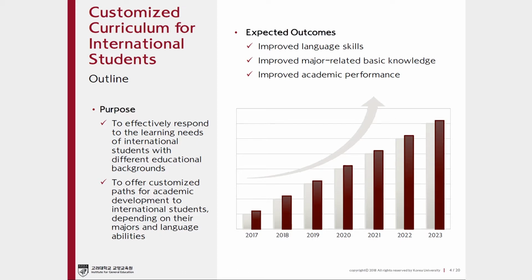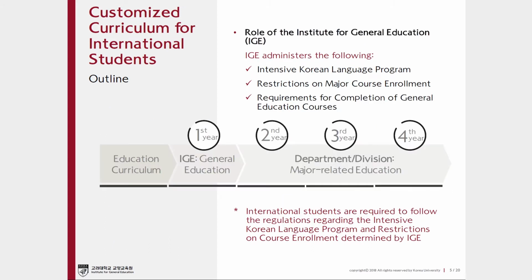The ultimate goal for customized curriculum for international students is to improve language skills, major-related basic knowledge, and academic performance of international students. With this aim, we administer general education curriculum on the whole, an intensive Korean language program, restrictions on major course enrollments, and requirements for completion of general education courses.